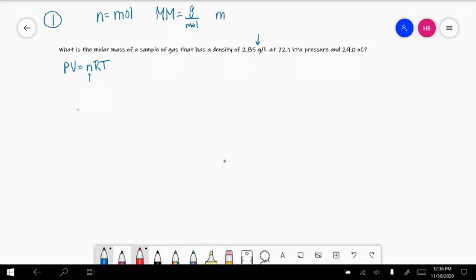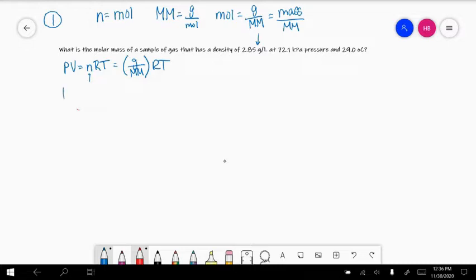So moles is equal to grams over molar mass. So let's replace n with mass, or grams over molar mass. So PV is equal to mass over molar mass times RT. If you remember, density is grams over volume.